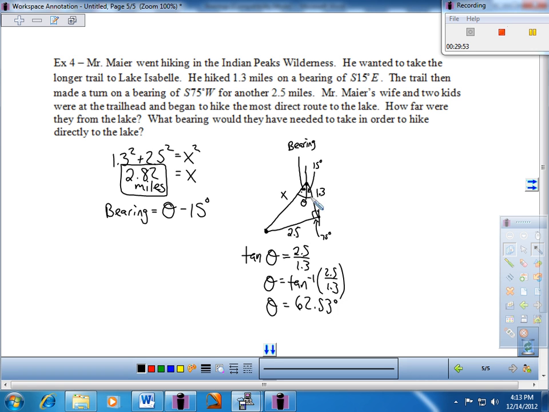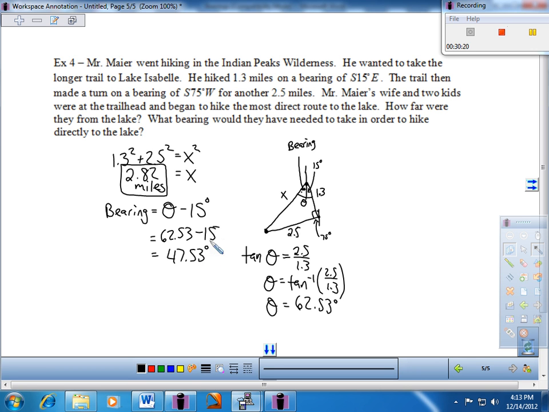Again, that would be from here all the way to there as an acute angle. If I take away my 15 degrees, that should give me my rotation right in there. And so our bearing is going to be 62.53 minus the 15. I'm seeing this as just an angle measure. Let's get that rotation taken care of first, as about 47.53.